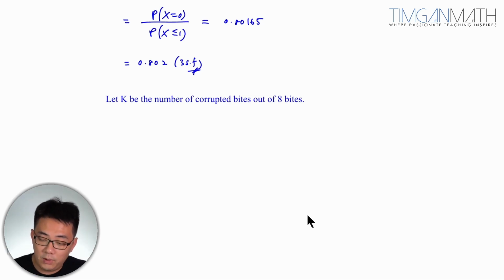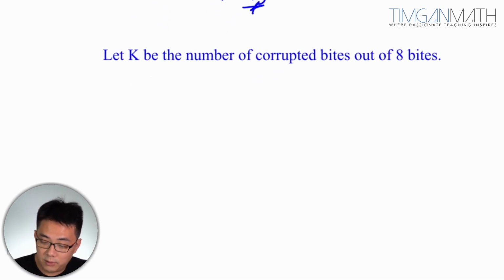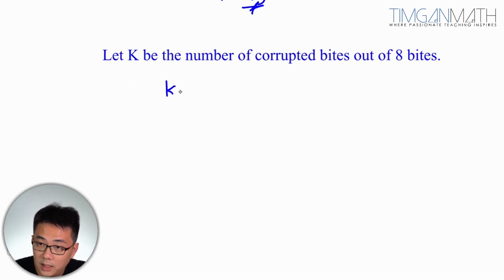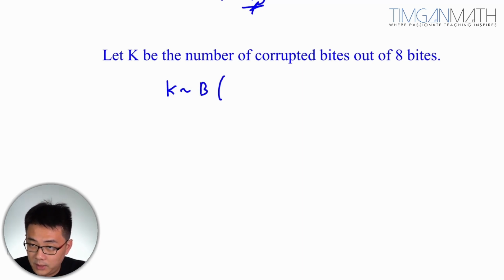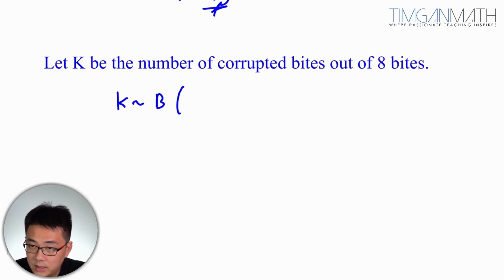So finally, what we need to do now is essentially just write down k, and in this another transmission system, same thing. You put this as 8, and this would just be p.